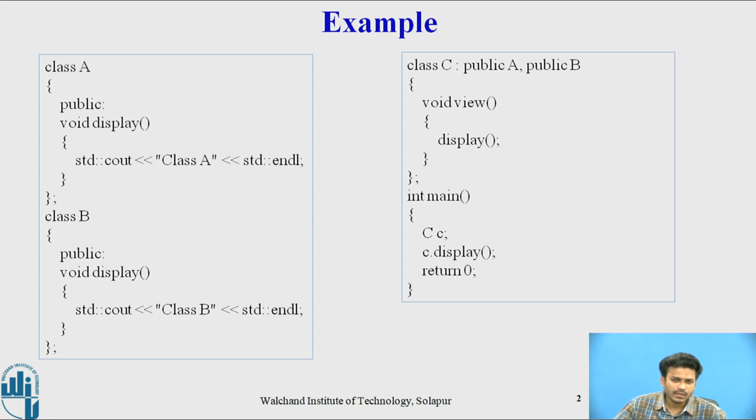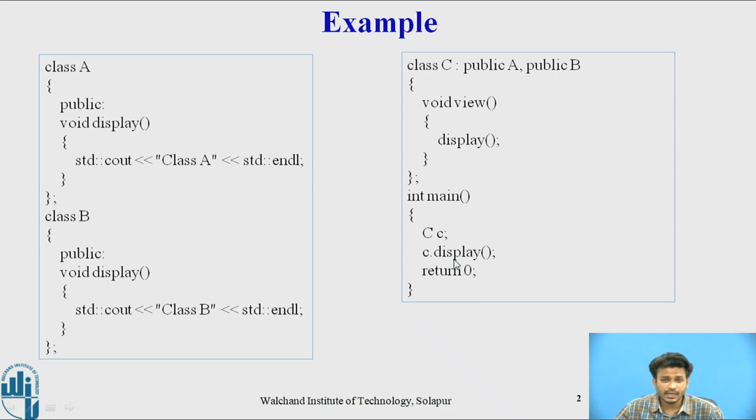Now this C object belongs to the class C, and this class C has inherited the properties of A and B, and A and B have the same function. Here it has a display function and here it has a display function, and now we are going to call it as C dot display, right?